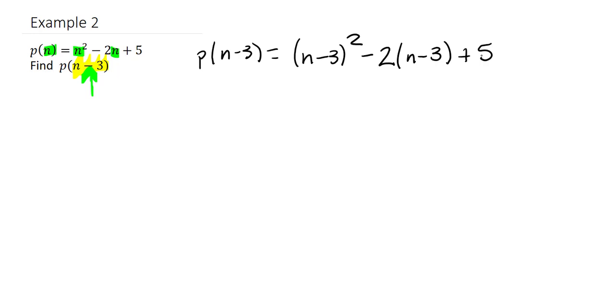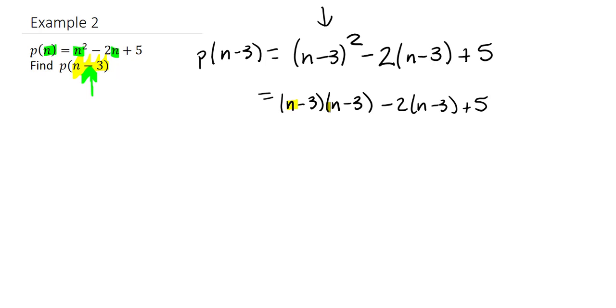Now we're going to go ahead and start to work on this. So let's deal with this. (n minus 3) squared, really, that's having two copies and multiplying them together. Then we can go minus 2 times (n minus 3) plus 5. Now let's remember FOIL.